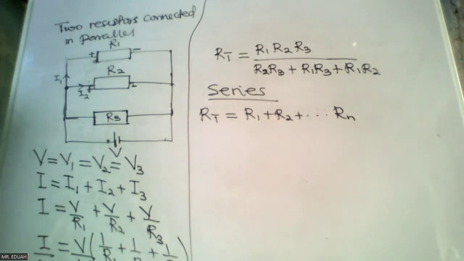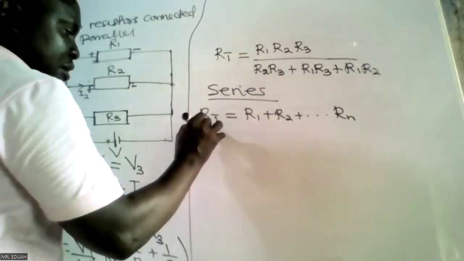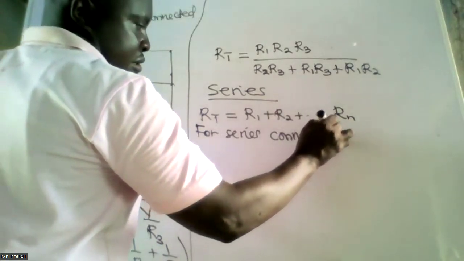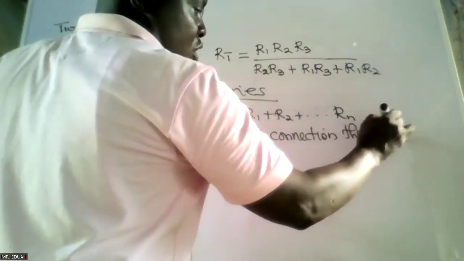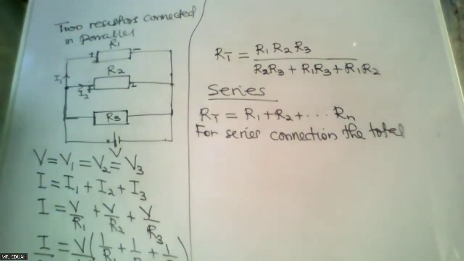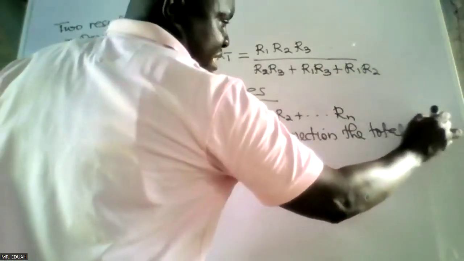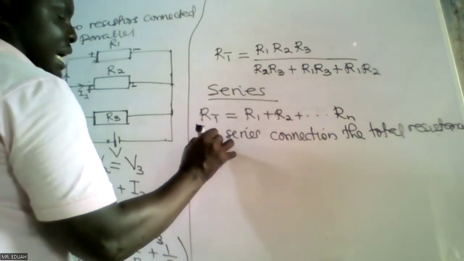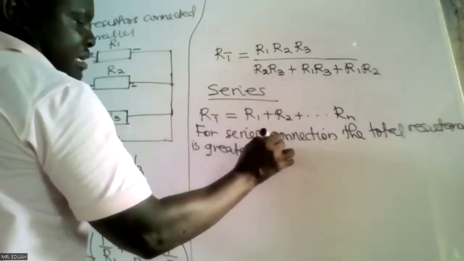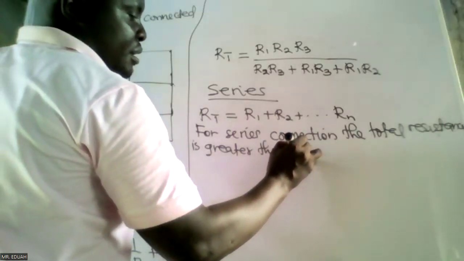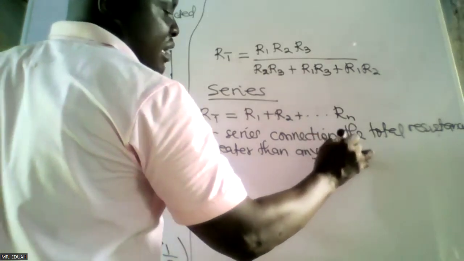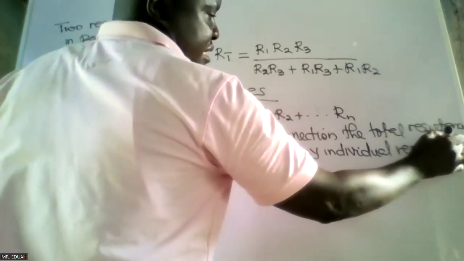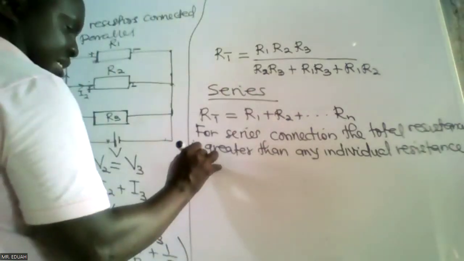Okay, and so we conclude that for series connection, the total, or sometimes we describe this as the effective resistance, the total or effective resistance is greater than any individual resistance in the circuit.